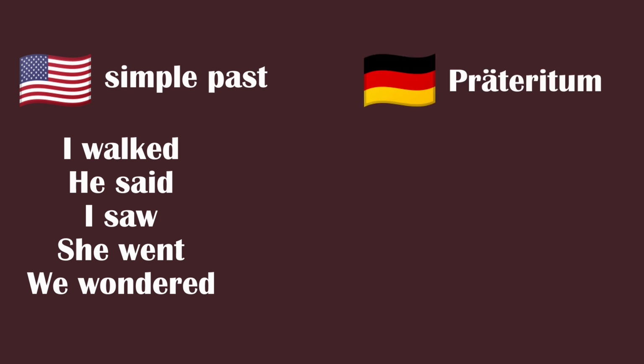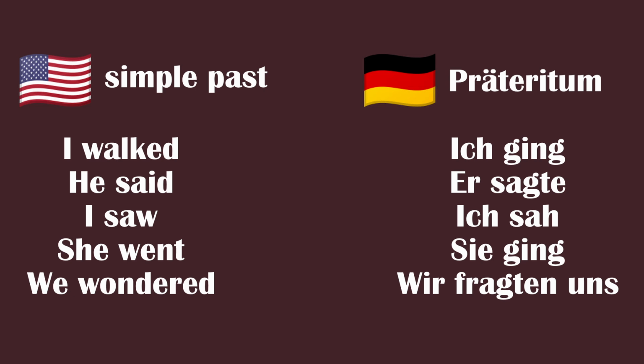And it is not only limited to words and their translations, it can also include things like grammar, for example. The English simple past is pretty common in everyday speech and is often used to retell events of the past. And even though we have the same tense in German, if you were to retell an event of the past using the simple past, you would sound like you're telling a fairy tale.